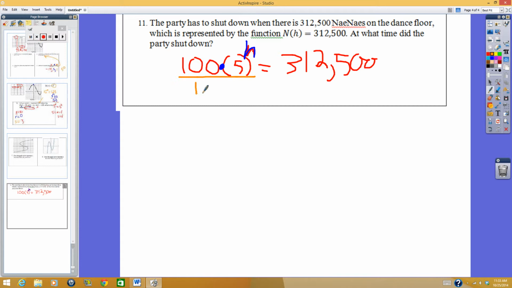And the inverse is how you get rid of things in math, right? So you divide both sides by 100. Okay? What happens to these two 100s? They cancel. What's left on this left-hand side would be 5 to the h equals whatever 312,500 is, and you're going to have to divide that by 100.